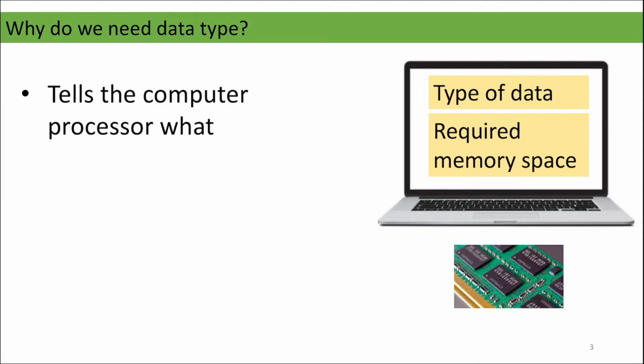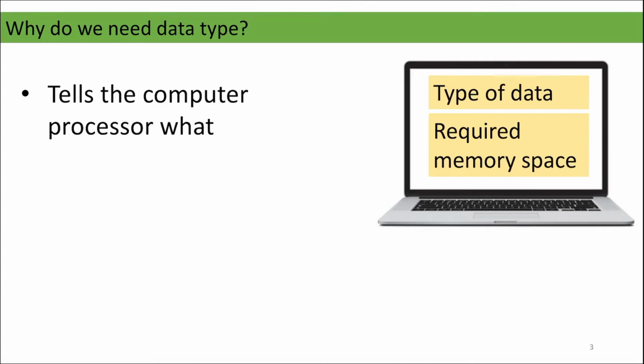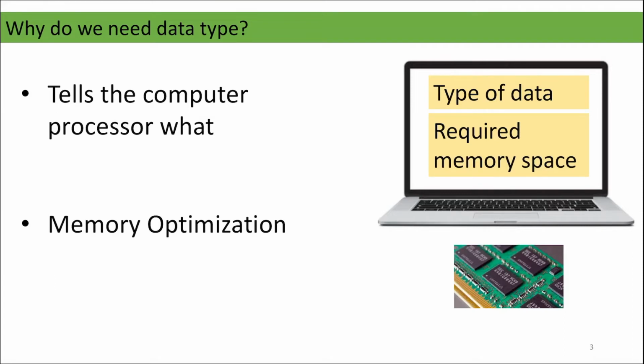Now once we do that, if we do it right, always using the right data type for the right reason, then we will be able to optimize our memory space. We can use the right space for the right size of data. For example, if we want to store the number of months in a year, it is 12 months. It will not go up, it will not go down, because we live on the earth and that's where it is.